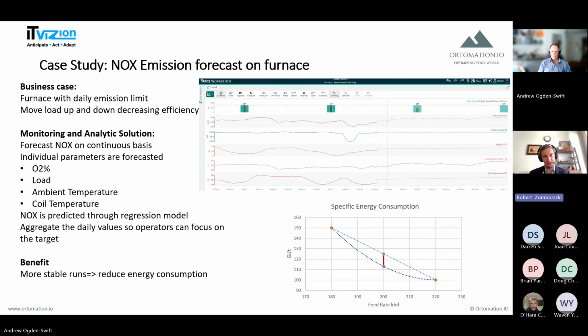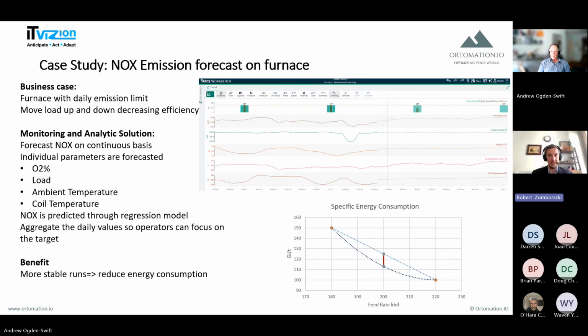Due to these constant changes in the feed rate mostly, they were not producing at the most optimal specific energy consumption point, but higher and lower. And due to the nonlinearity of the specific energy consumption function, the mix of these points was always higher than if they would have run on the optimal feed rate.